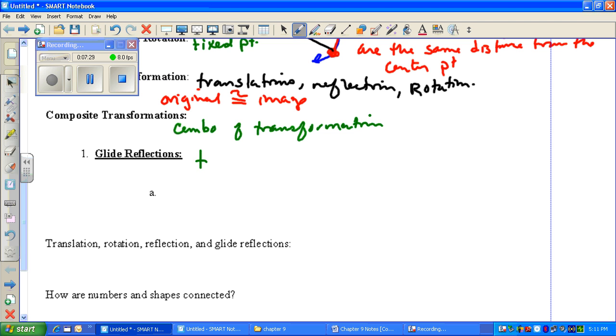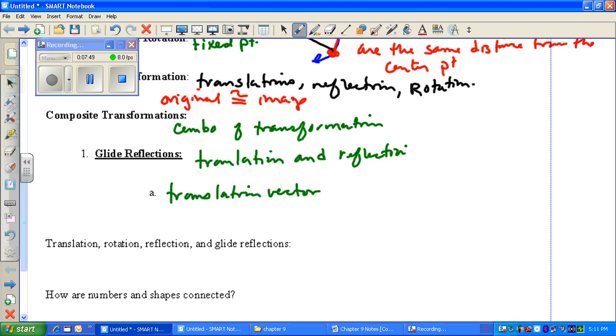It's built of a translation and a reflection. So I'm going to have a translation vector, which, if you remember, tells me distance and direction. And then I'm also going to have a reflection.